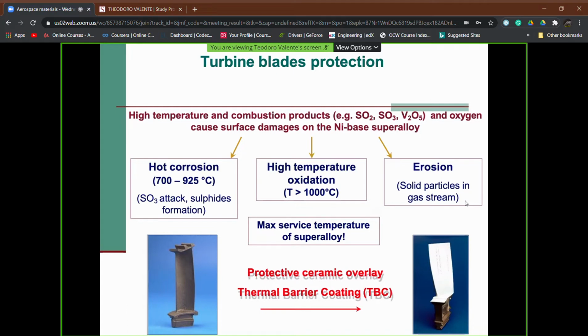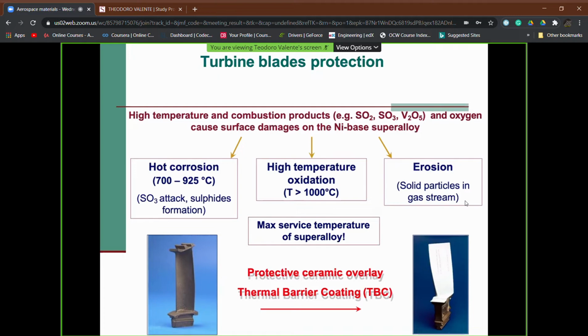They are also used in the combustion chamber in order to limit the working temperature of the nickel-based superalloys to 1050 Celsius or 1090 Celsius.